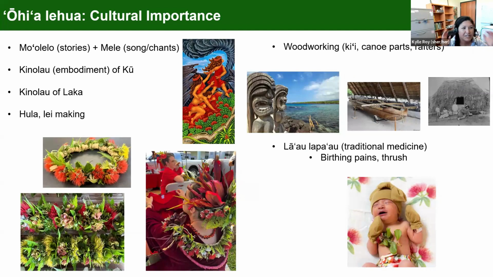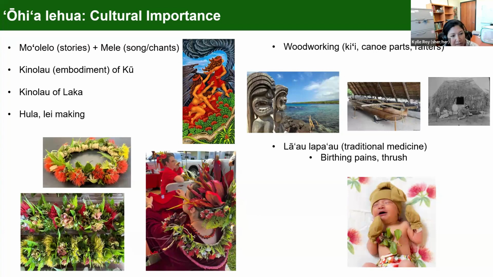So first I wanted to introduce ʻŌhiʻa lehua. They're so important to the Hawaiian culture because they literally used to be everywhere, and so they were also mentioned everywhere in Mo'olelo and Mele. They are the kinolau of the god of war, Ku, and also Laka, the goddess of hula.